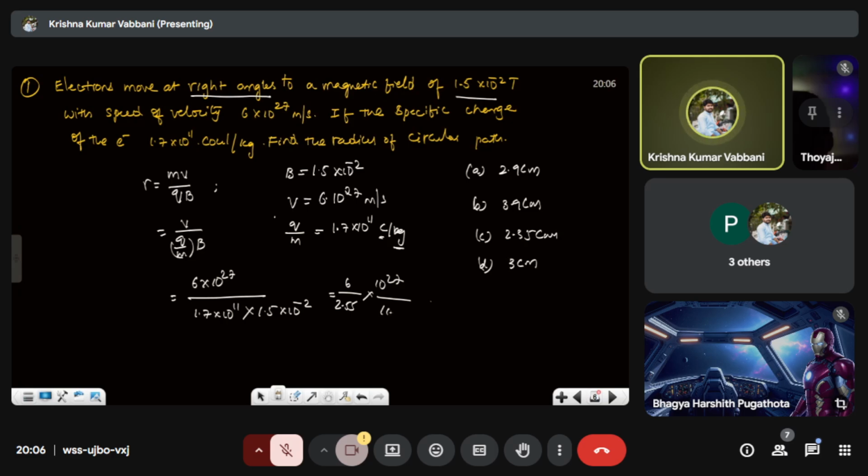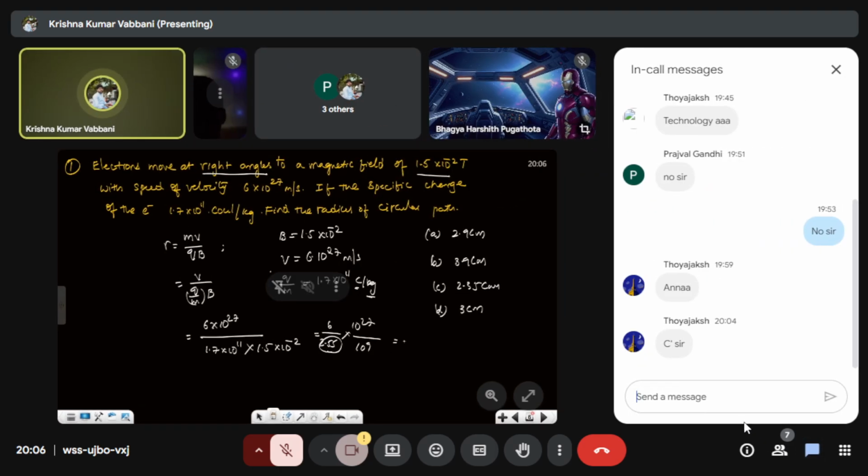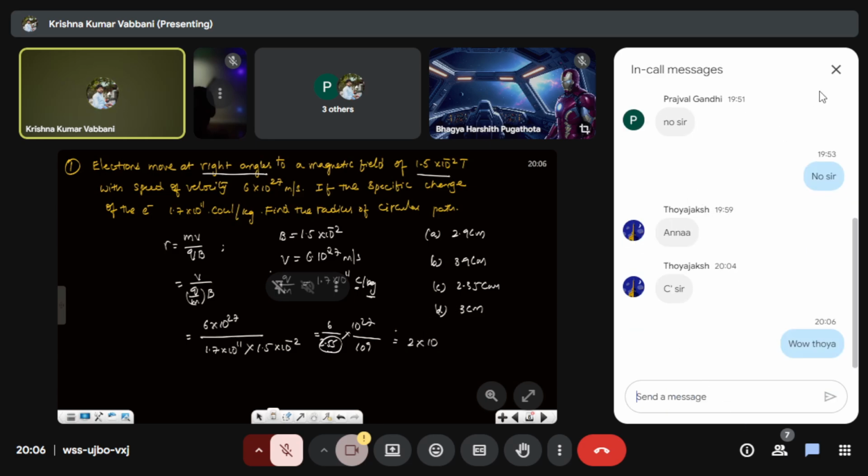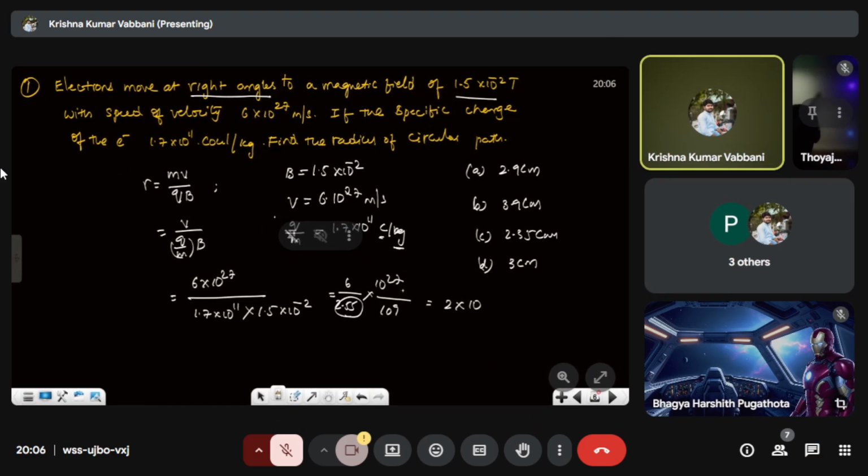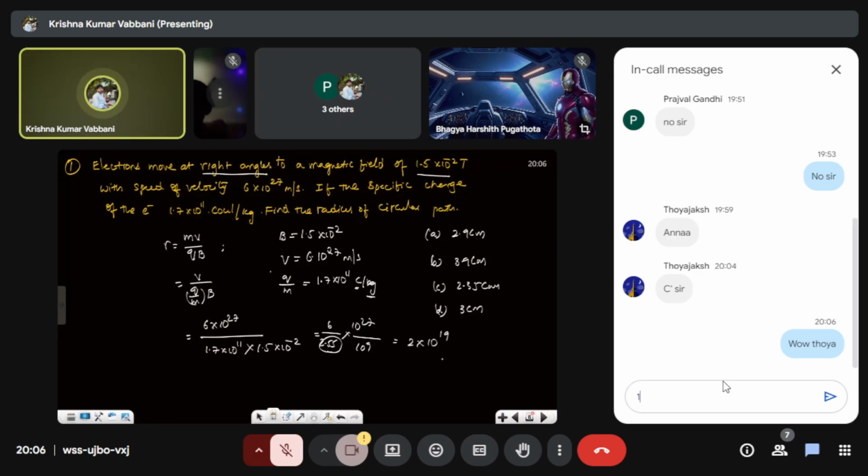So 10^9. Round off to 3, so how much do we get? Nearly 10 power, how much is it? 19. Yes, it's 19. So 10^9.